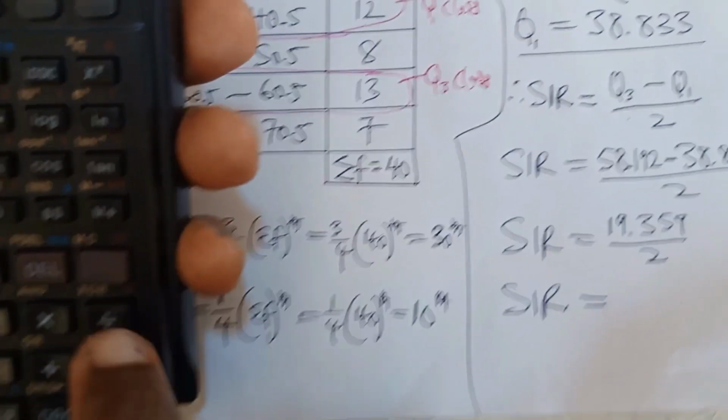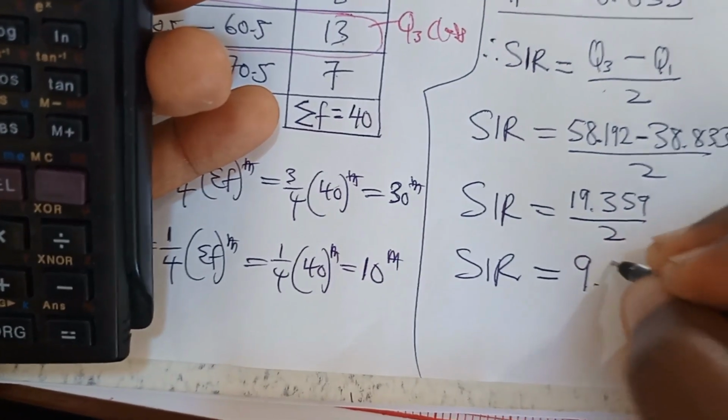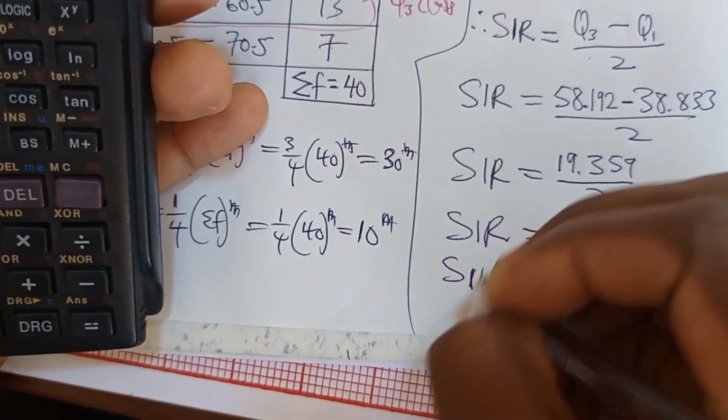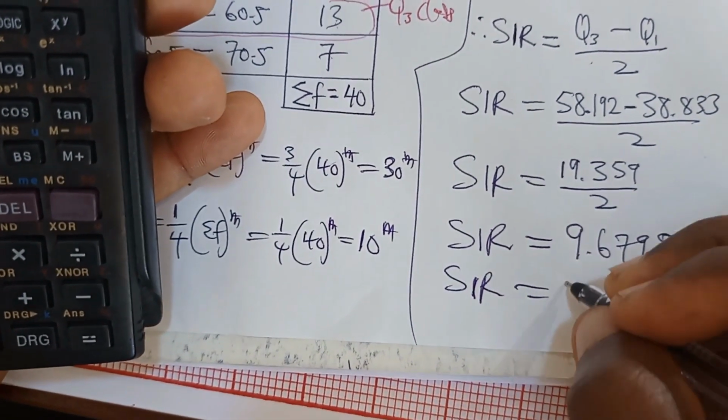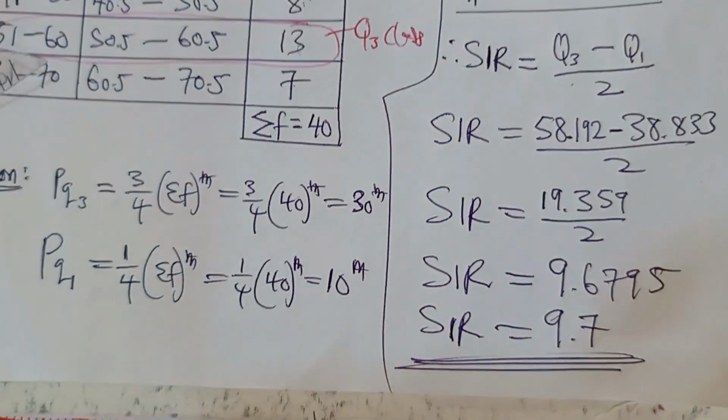So that answer divided by 2 will give us 9.6795. So finally, to one decimal place, we have 9.7 for the semi-interquartile range.